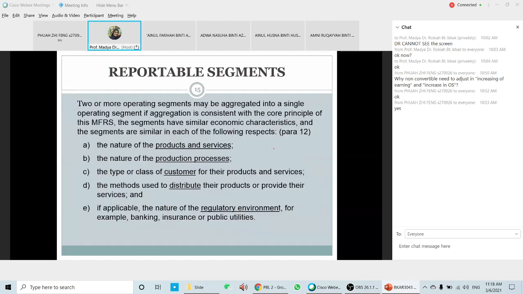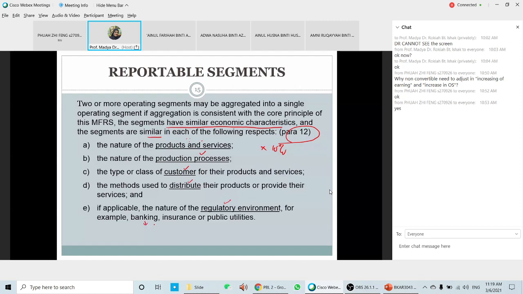So with paragraph 12, even though you do not fulfill the 10% test, you can become a reportable segment if that segment has similar economic characteristics. Similar in terms of the nature of the products and services, the production process, types of customer, distribution, and regulatory environment.